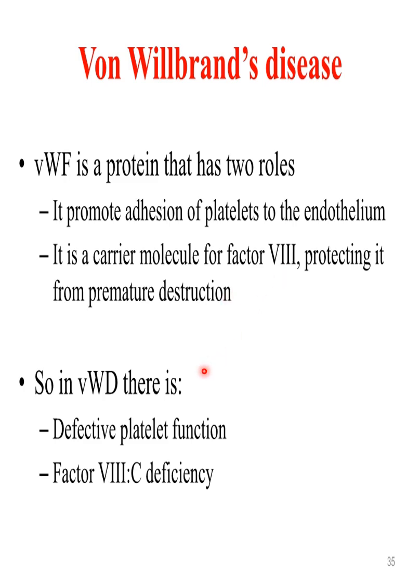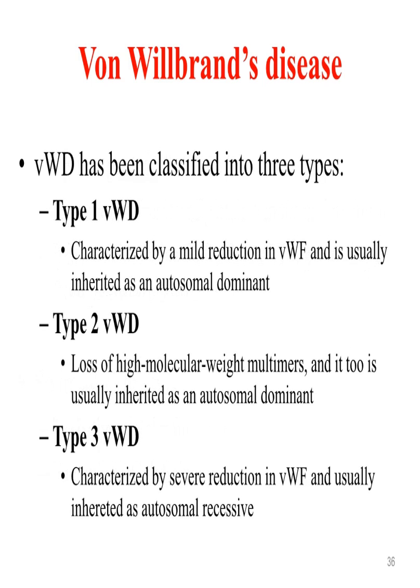So in von Willebrand disease, there are two important findings: defective platelet function and factor VIII deficiency. And von Willebrand disease has three important types. It also has some subtypes, but for you it would be sufficient to remember that type 1 and type 2 are usually mild varieties of von Willebrand disease, whereas type 3 is the more severe variety.